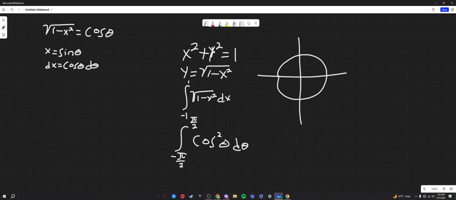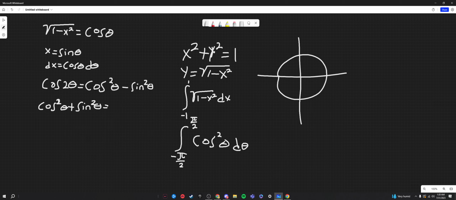Now we're going to do more torturous substitutions because trig is so much fun. We are going to be substituting in a double angle identity and the only good trig identity. So we'll have cosine of 2 theta is equal to cosine squared theta minus sine squared theta. And then we're going to have, of course, the good old classic cosine squared theta plus sine squared theta is equal to 1.